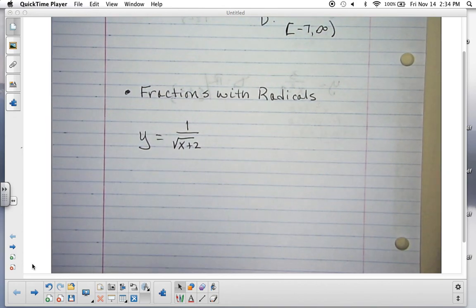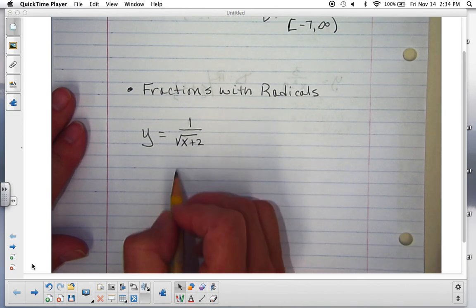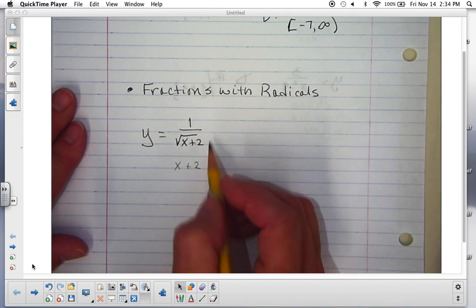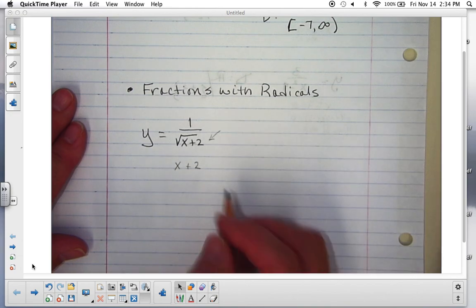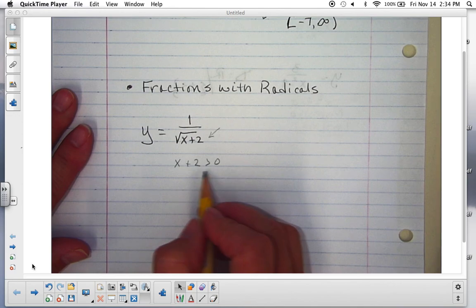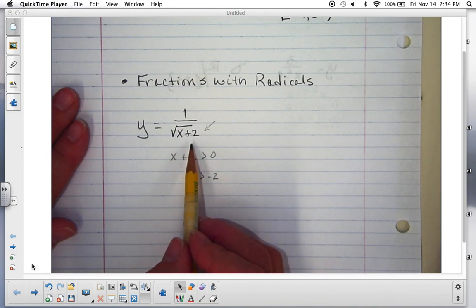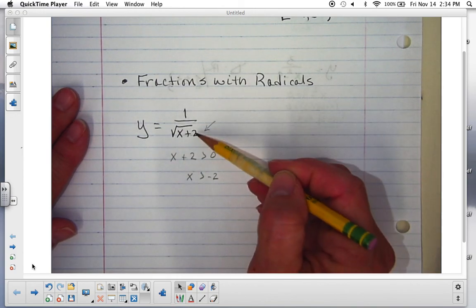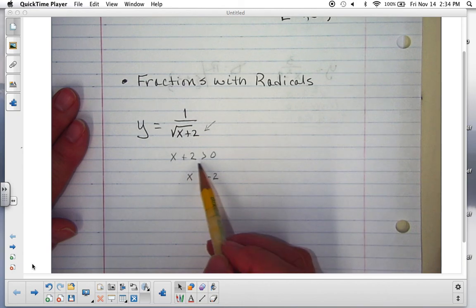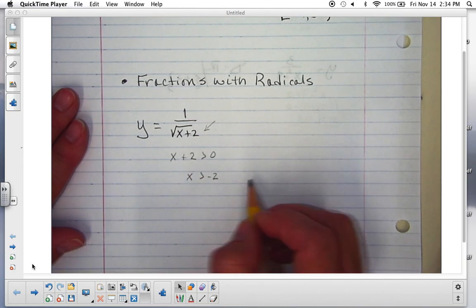What we said for the radicals is that whatever's under here has to be greater than or equal to 0. But if it's on the bottom, we also said it cannot equal 0, so you just set it to greater than this time, not or equal to. So it's kind of just a combination of rule 1 and rule 2. Whatever's under the radical has to be positive, but if it's underneath the fraction bar, it can't equal 0. So this is my domain, everything greater than -2.